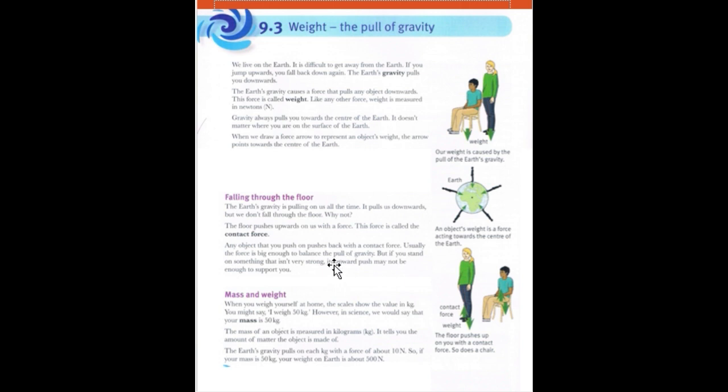For example, if you stand on a chair, but the chair is weak, you can fall down. Why? Because the force of gravity is big enough to make the chair break. As long as the contact force equals the gravity force, of course, you can stand properly.